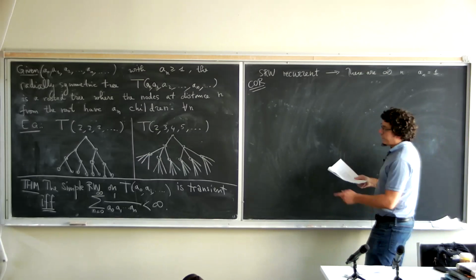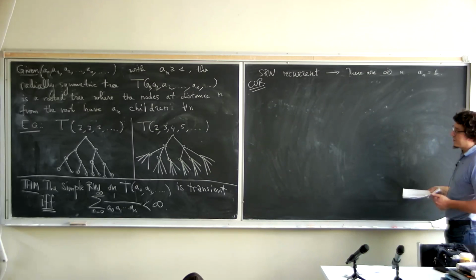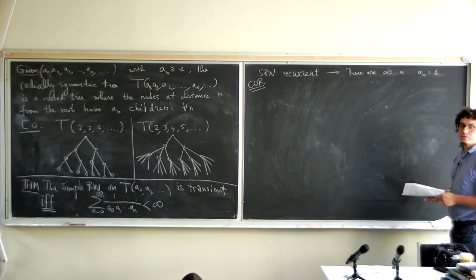So obviously, if you put all 1s after some time, then it's recurrent. Is that the only thing we can do? Can we still make it recurrent when there are infinitely many 2s?